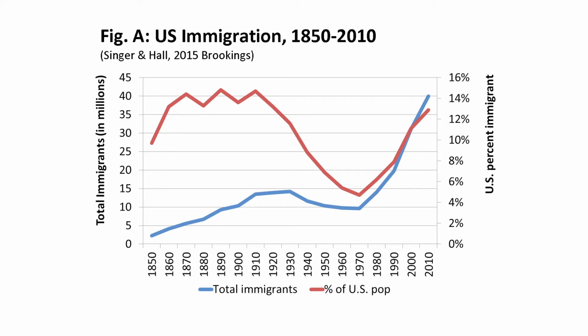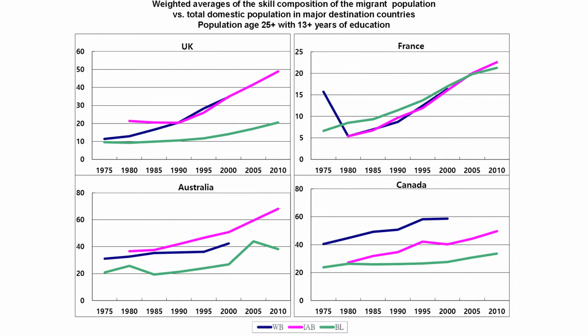But there's another aspect of immigration that I wanted to emphasize in particular, and I think that it came from some of the questions that were raised before, and that is that the skill composition of immigrants to the major receiving countries has actually been on the rise in the last 4 or 5 decades.